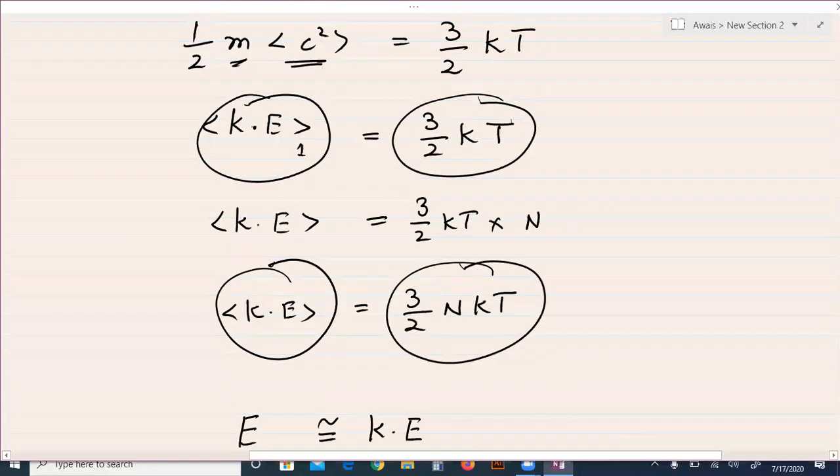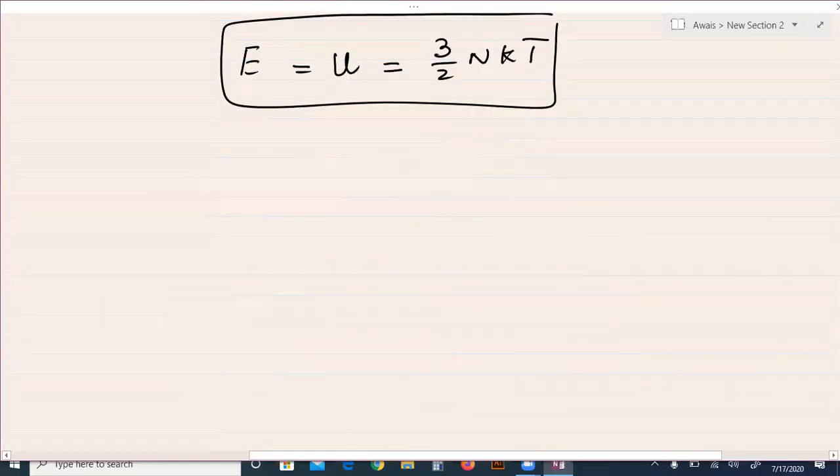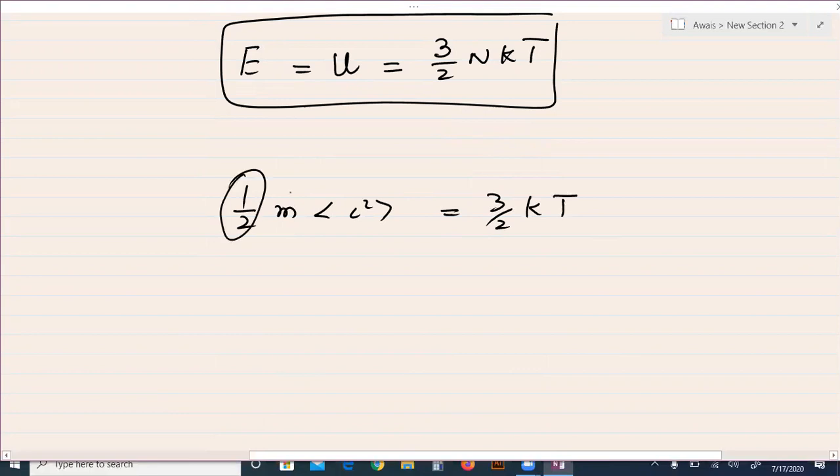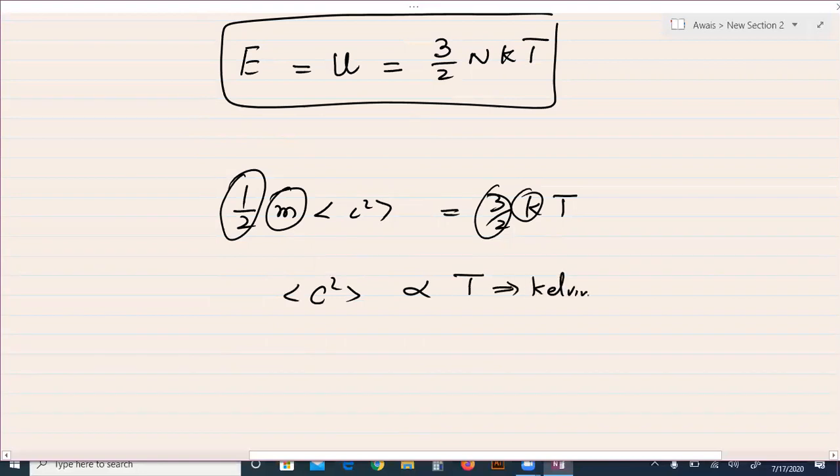Now come back to this equation, which is 1/2 m times mean square speed equals 3/2 kT. Identify the constants: this is constant, this is constant, this is constant. So the mean square speed is directly proportional to temperature, but in Kelvin.